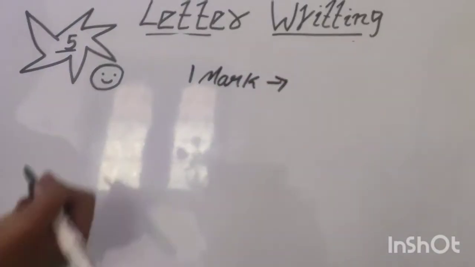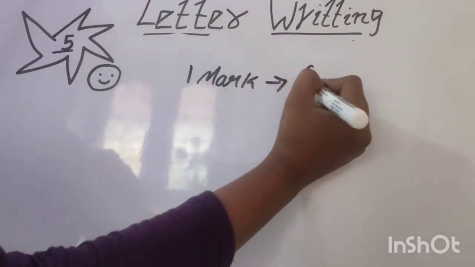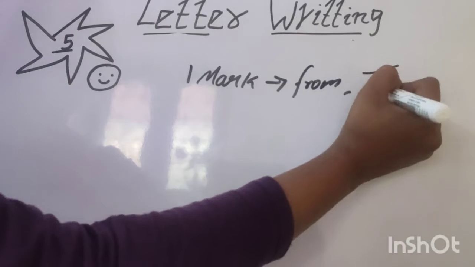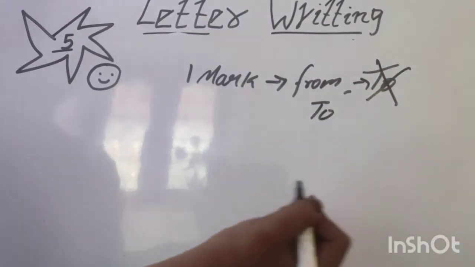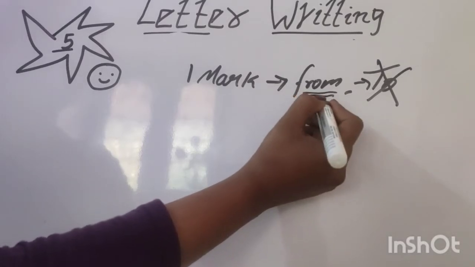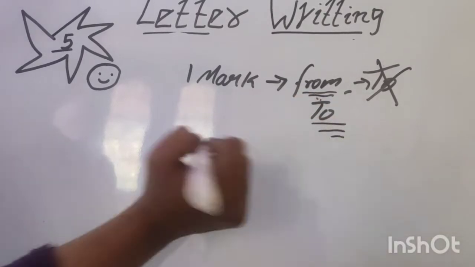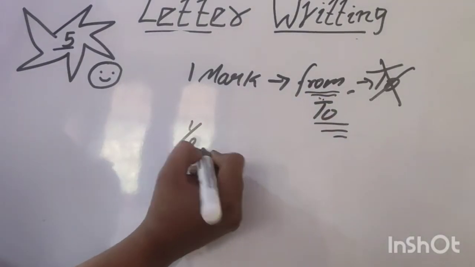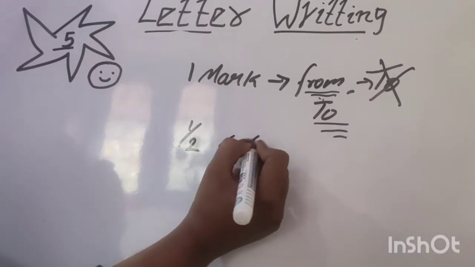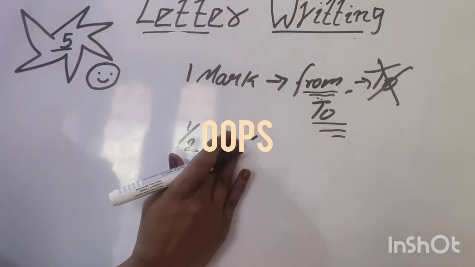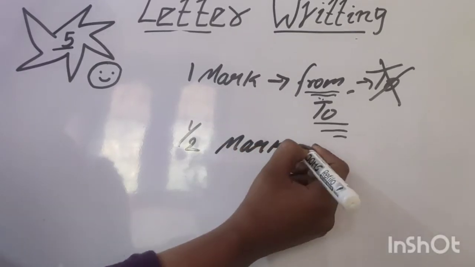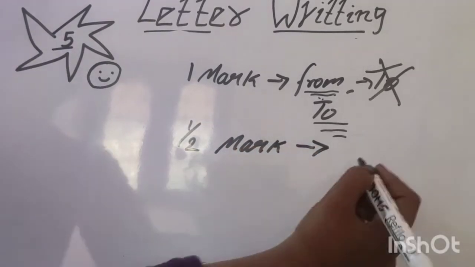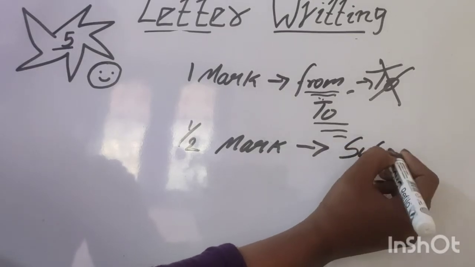I hope that's clear to you about the 1 mark, From and To. So here you may have a look. From, To, you are not supposed to write To like that. There are so many students who make this mistake, so it's my humble request, please don't do like that. And then, for the half mark, that will be your subject.